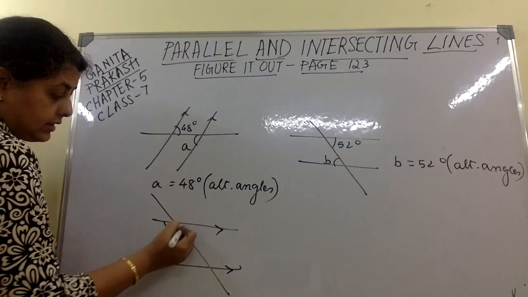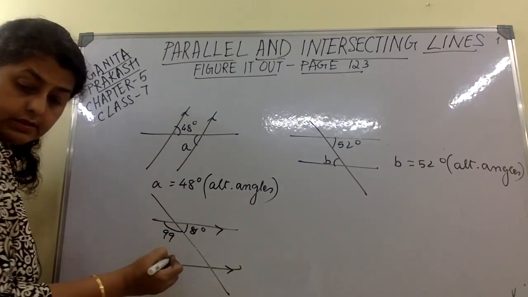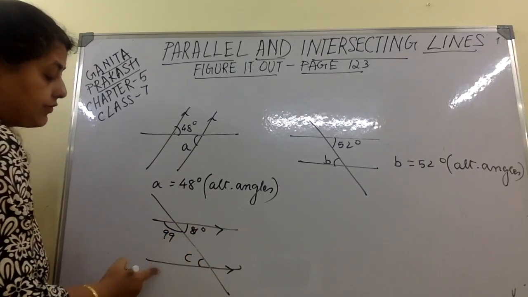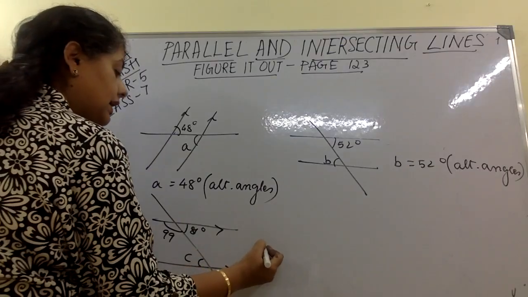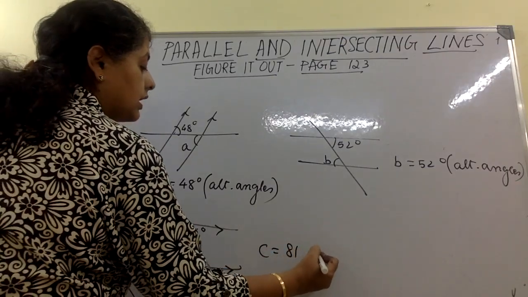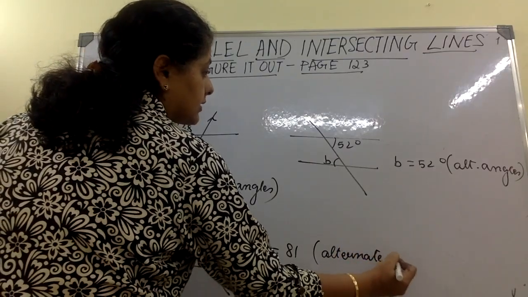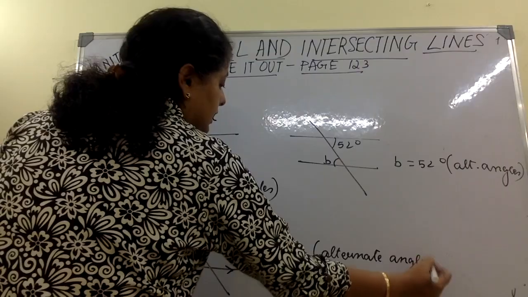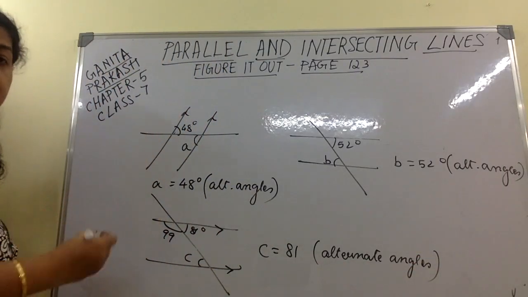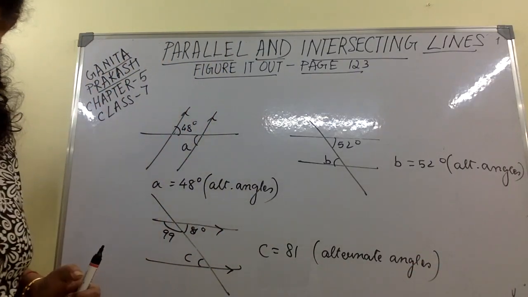This is 99, this is 81 degrees given, and here is angle C. You have to find angle C. So here angle C is straight away 81. Again alternate angles. You can even write ALT only. So 3 sums done with whatever we have learned till now.